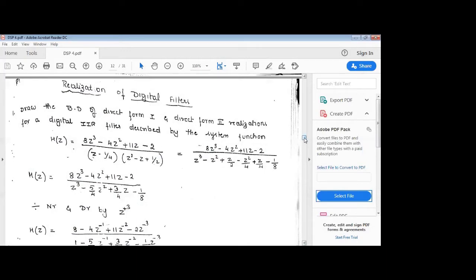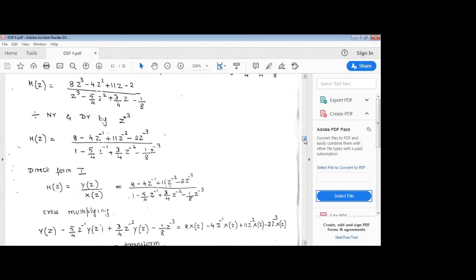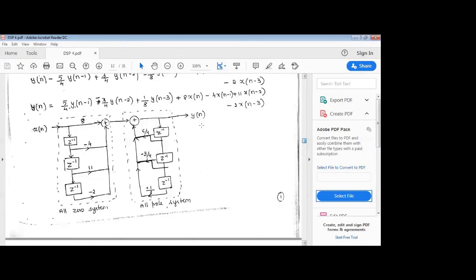These are the time delay element, called z inverse or memory element, then summing points or summers, which we can also call adders, and then multipliers. These are the simple components we use to get it down in the form of a structure.